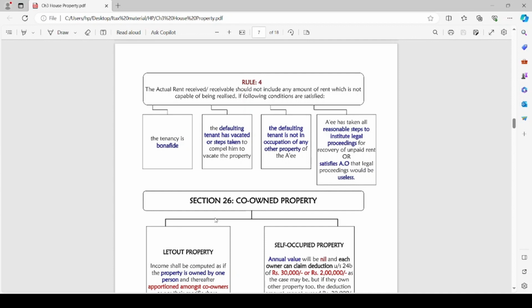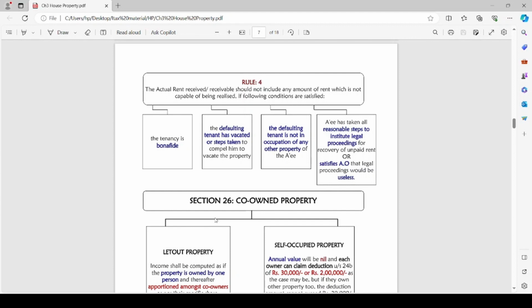The assessee has taken all reasonable steps to institute legal proceedings for recovery of unpaid rent. The assessee has initiated steps to institute legal proceedings for recovery of unpaid rent. He wants to claim the unpaid rent, or the assessee satisfies the assessing officer that legal proceedings would be useless in the case.